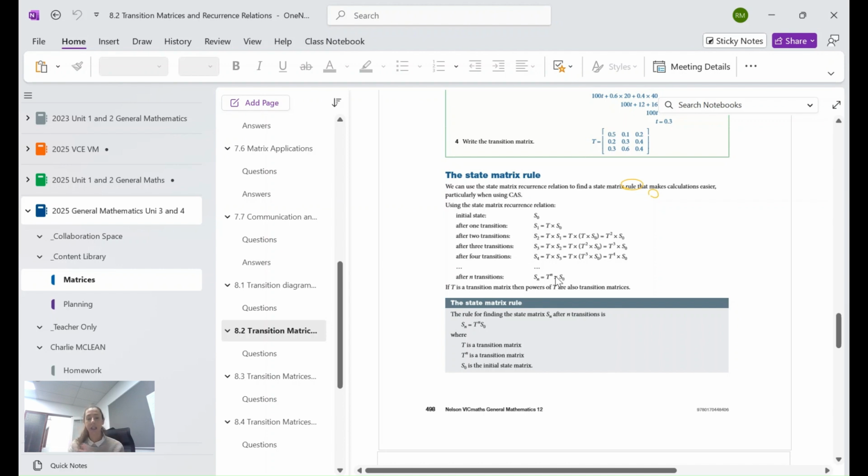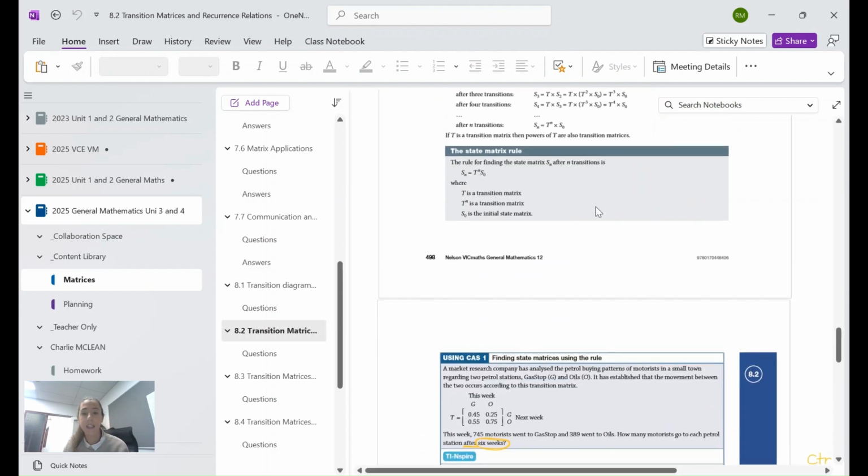Anytime you're working in an equation and you've got a variable, say n, it has to be the same within that one equation, multiplied by your initial state matrix. Okay, so again, very important formula, but you have to understand the difference between the recurrence relation, 2 parts, where you are finding the next number in the sequence, and the state matrix rule, which is finding a point in time. Okay, have that in there.